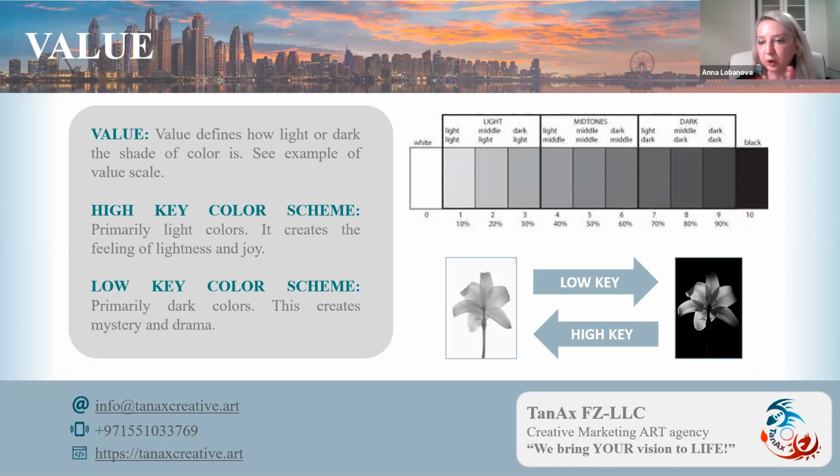Low key color scheme is dark colors. So here you have another example of the same flower, but in dark colors, right? What this creates is more mystery and drama. If you compare the two pictures, you will see that you have a different visual impact from both. One seems light and airy, and the other one seems a bit more dramatic.